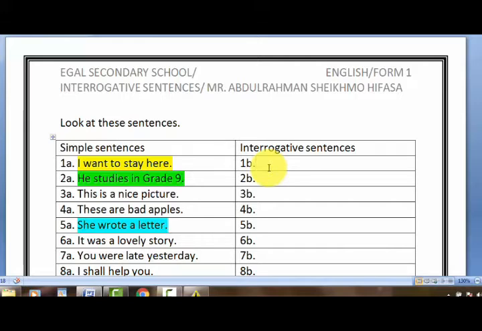Today I'm going to teach you how to put a question mark before a simple sentence, known as interrogative sentences. These exercises will help you when you are putting a question mark before a sentence. After we finish this, next time we shall learn about question types. Now let us begin.